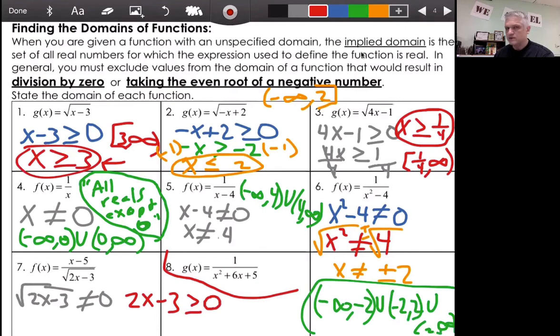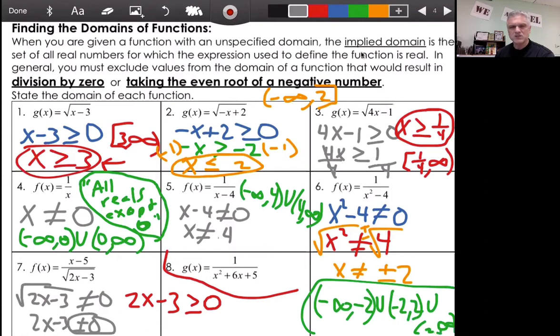Now check this out. Because we've got a denominator that also has a square root, we can make this easier, or we can make this really hard. I think we should make this easy. So check what we're going to do. This says the square root of 2x minus 3. If we square both sides, we just get 2x minus 3 does not equal 0, okay?